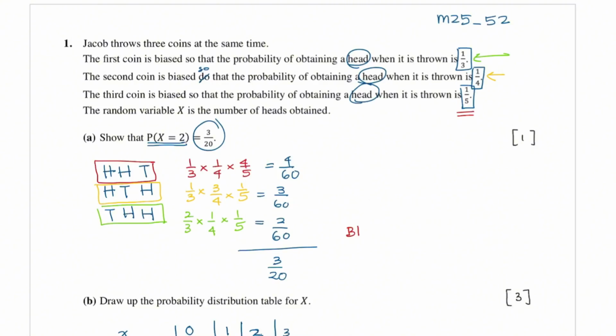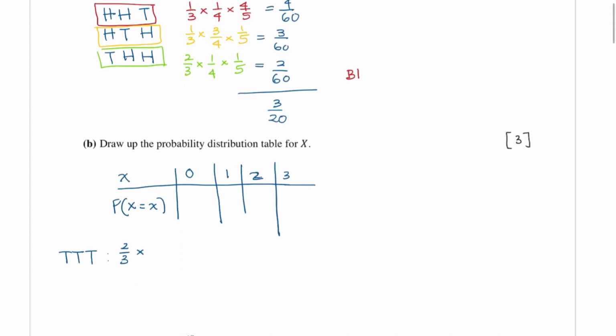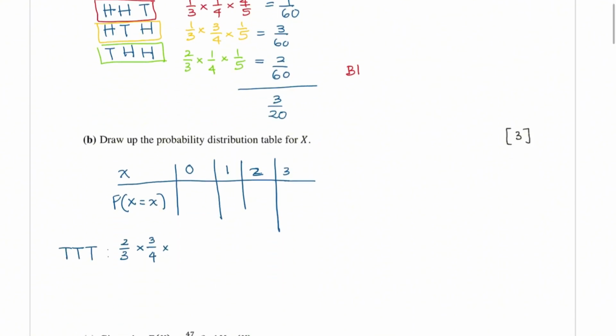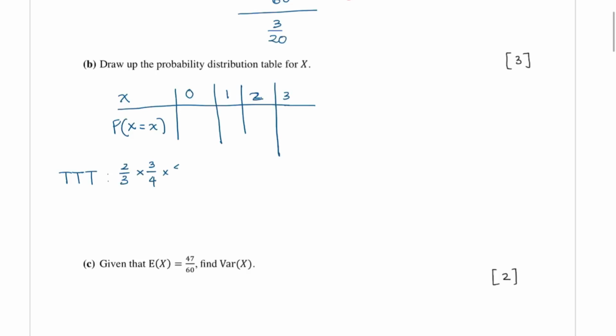What about getting a tail on the second coin? It's going to be 3 per 4. And getting a tail on the third one, getting a head is 1 per 5, so getting a tail must be 4 per 5. Okay, computing this, you should be having 2 per 5.